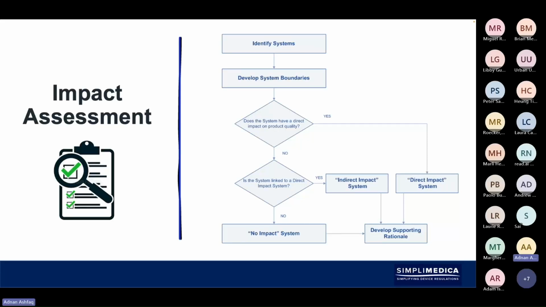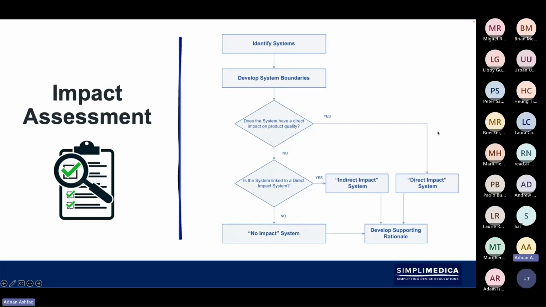And if it is not, if the system is linked to a direct impact system, then it's going to be an indirect impact system. And then if it's not a direct or indirect impact system, then it's no impact, and then you're just going to develop a rationale depending on which way the equipment impacts product quality, because that's the heart of the decision of a lot of things based on risk will be its impact on product quality.